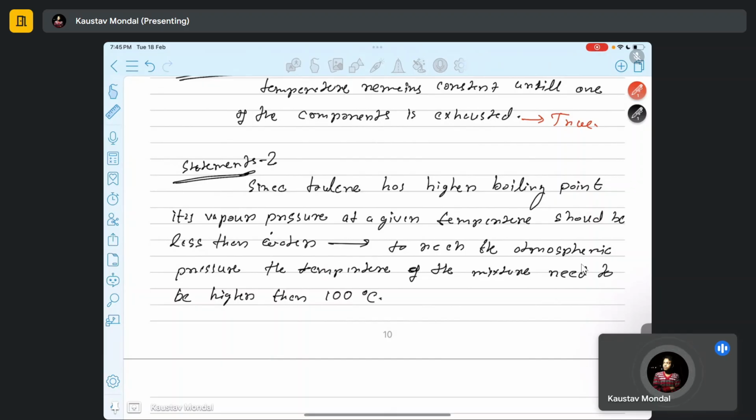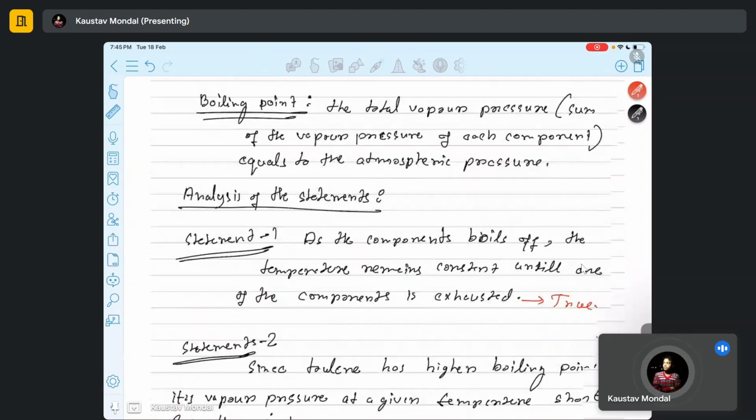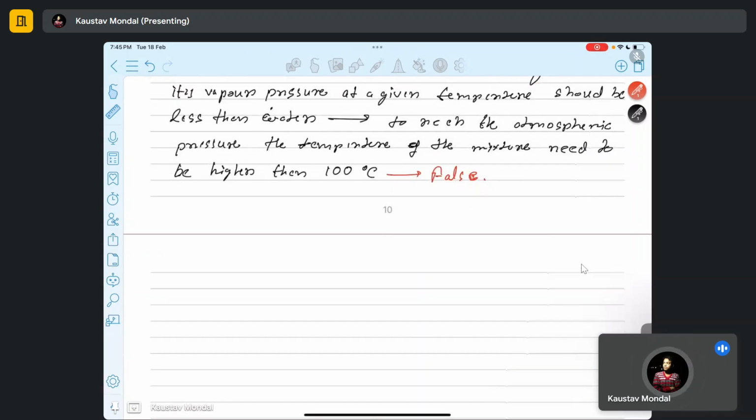So this is basically common sense, right? So this statement is basically false. So statement number 2 is false. Let's check the other statements also. So statement 3.